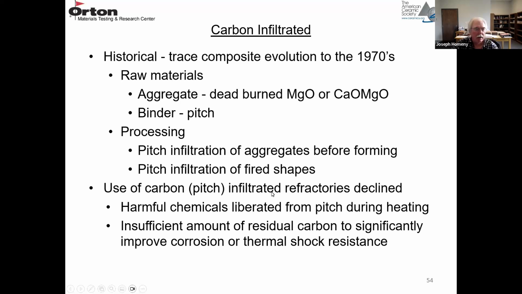They have a high carbon yield, usually around 50%, but the use of pitch has declined over the years because when you heat pitch, some of the gases coming off are harmful. They cause cancer. And pitch has a residual carbon content, about 50%. But if you're only using pitch as the carbon source, you don't have a great deal of residual carbon. And that doesn't really significantly improve corrosion resistance or thermal shock resistance.